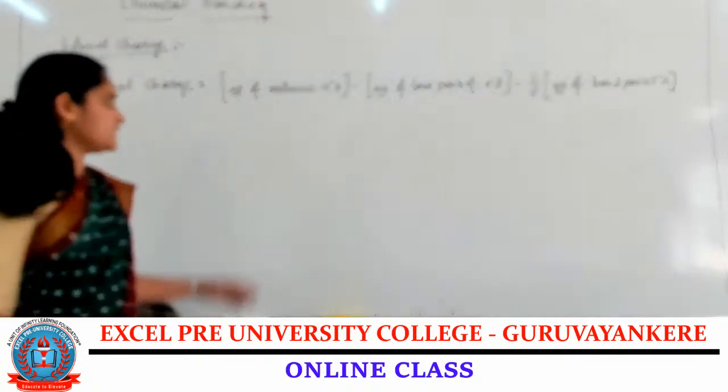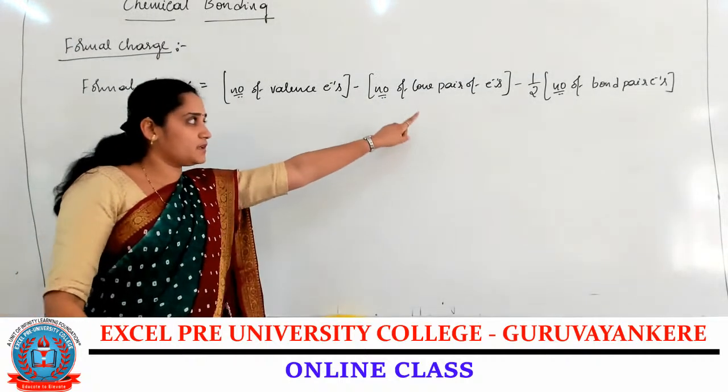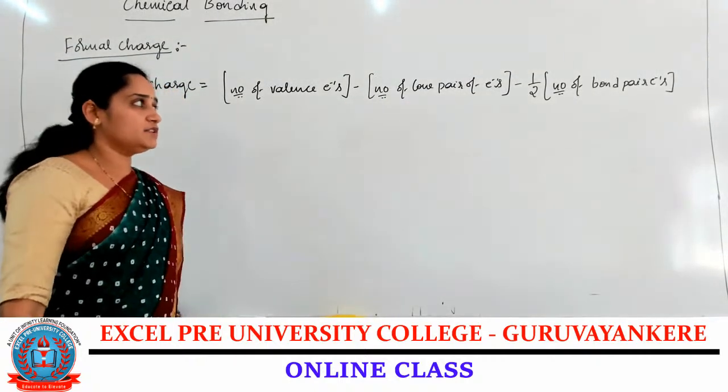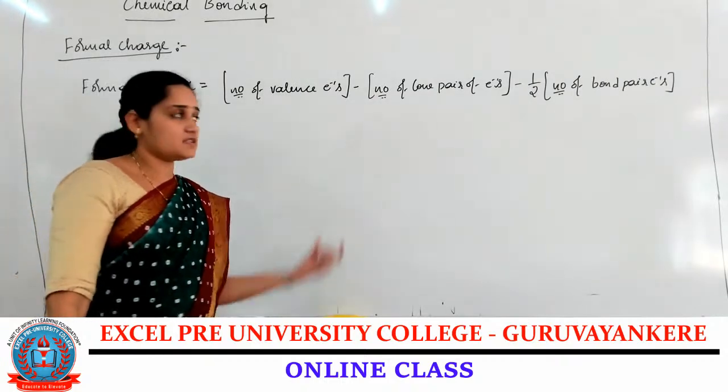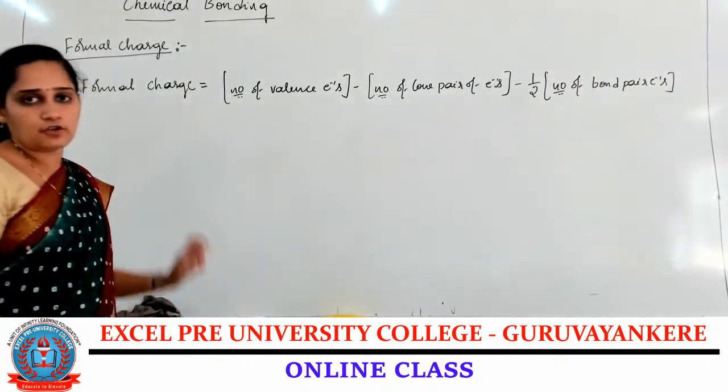So, number of valence electrons minus number of lone pair of electrons minus half into number of bond pair of electrons. This is the formula to calculate the formal charge.